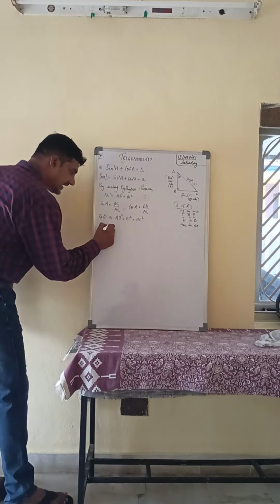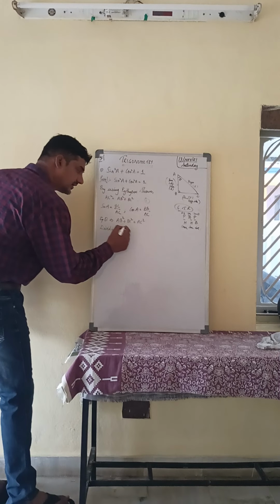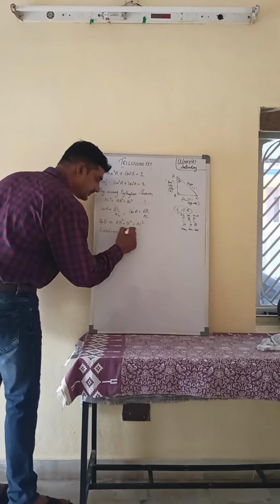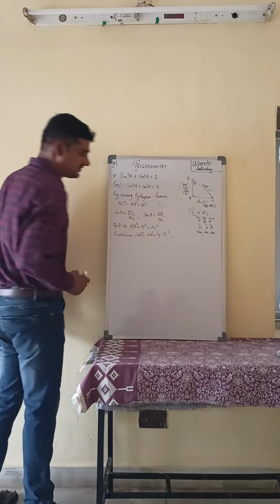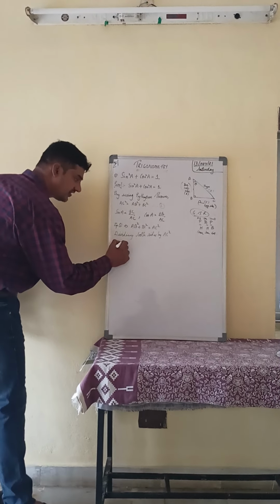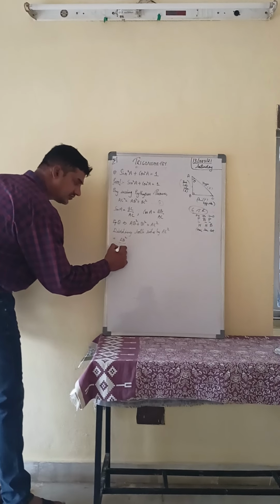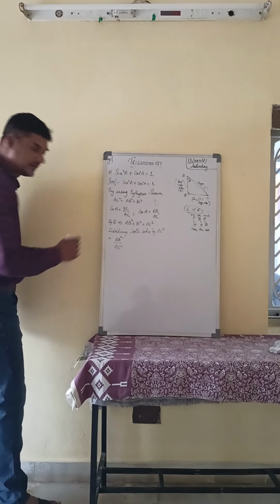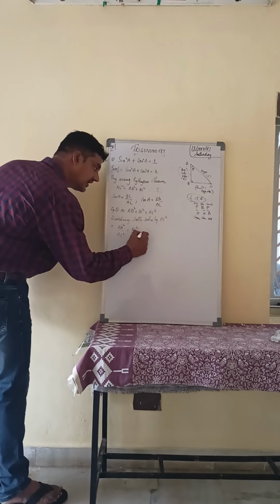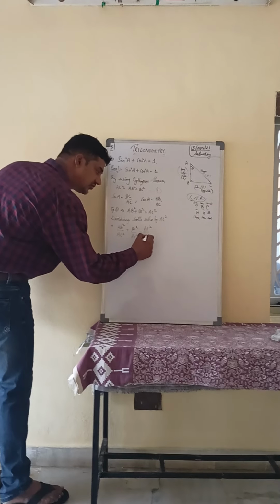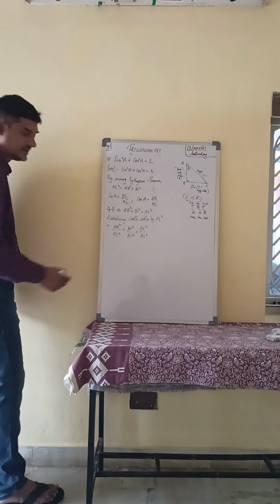Entire equation I am dividing by AC square. Dividing both sides by AC square, students. Now on the left hand side, AB square by AC square plus BC square by AC square is equal to AC square by AC square.